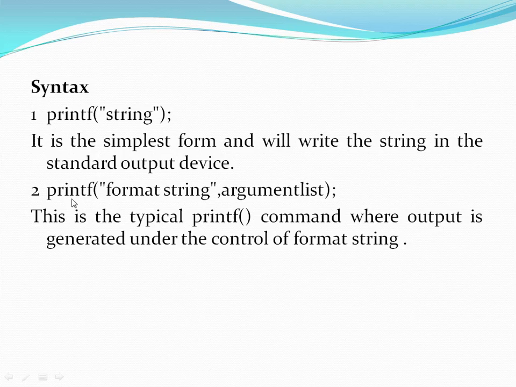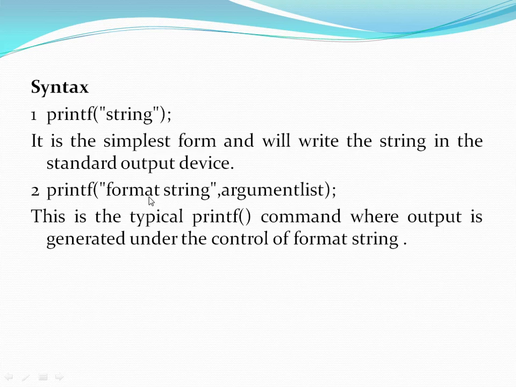So the typical and most frequently used printf syntax is like this: printf, parentheses open, double quote open, format string. Format string means we have already discussed the format specifiers. These are the format specifiers which instruct the compiler which value it is going to save here.